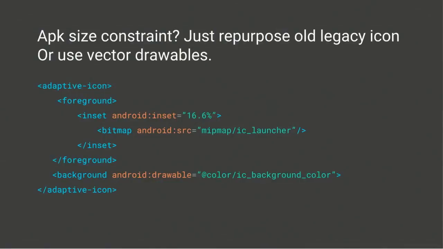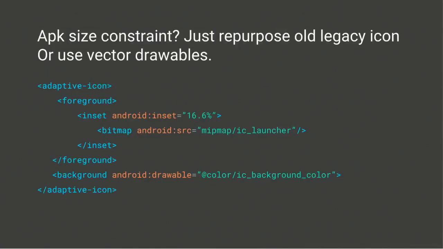Now, some of you sitting in the audience may think, 108 dp, that is really huge. And maybe, to make the matter worse, your APK size is very close to hitting that Play Console max size limit. In which case, what you can do is, in O, we added fraction type. The inset drawable supports fraction type. And if you remember, the inset that I asked you to add was 18 dp.